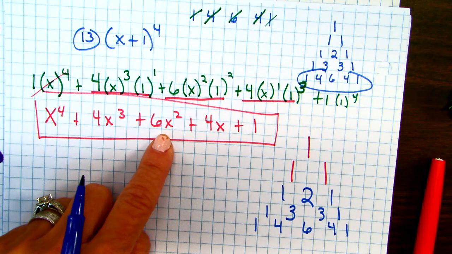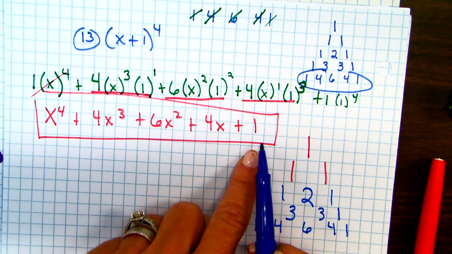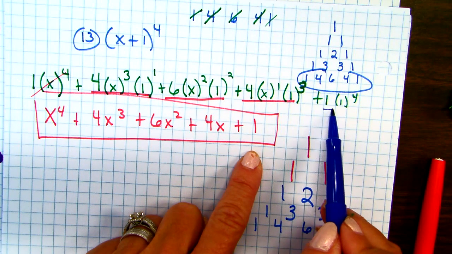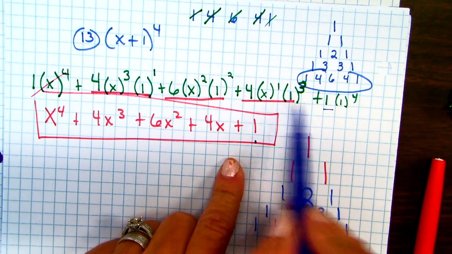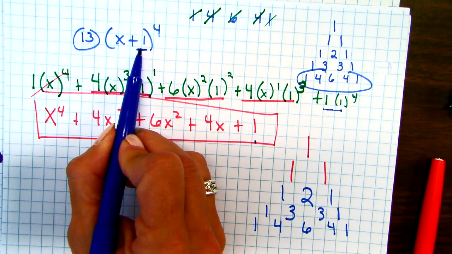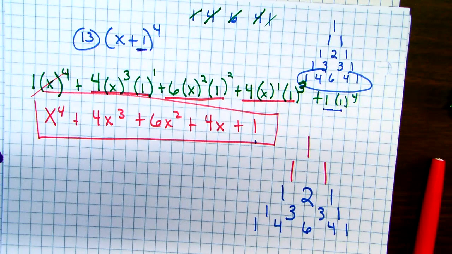Where'd I get this? Here? How'd I get those ones? Oh, that's this. Well, when you multiply something by 1, but you're multiplying.